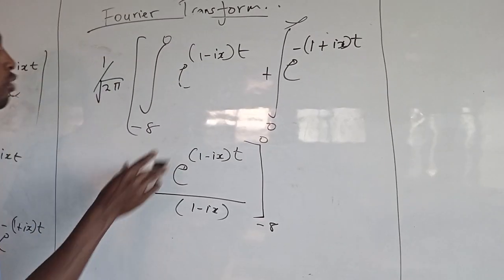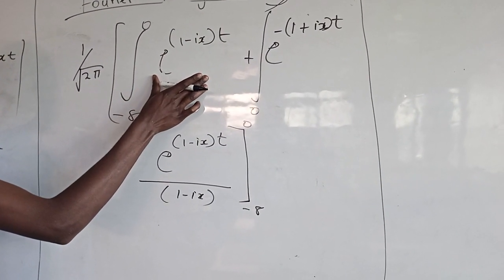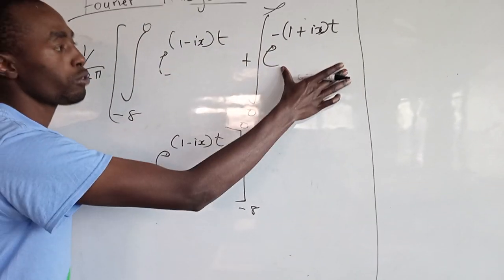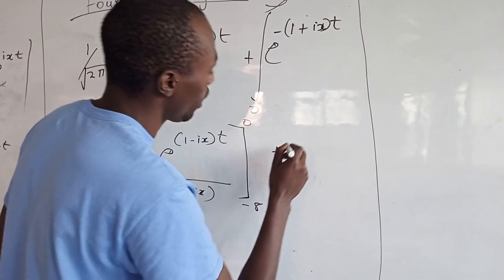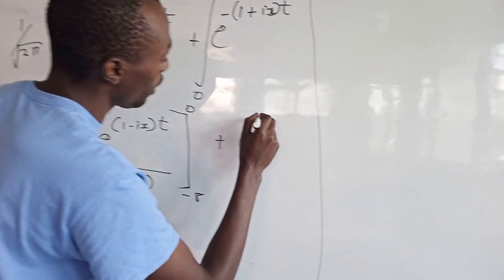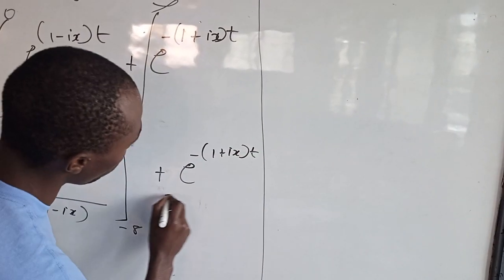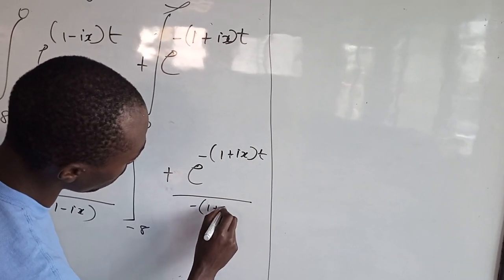Now you have dealt with this part of the exponential. Remember now we have another part of exponential. Do the same to this side. So you're going to have plus e to the negative 1 plus ix t, dividing by negative 1 plus ix.